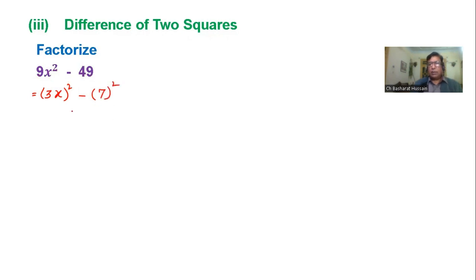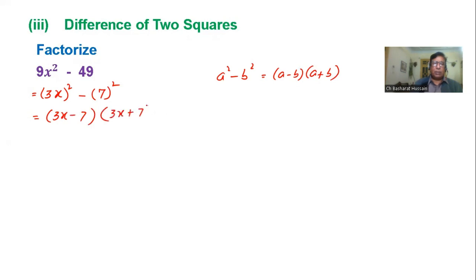So we use the identity a square minus b square, which is equal to a minus b, a plus b. So 3x minus 7, 3x plus 7. One time minus and the second time plus.